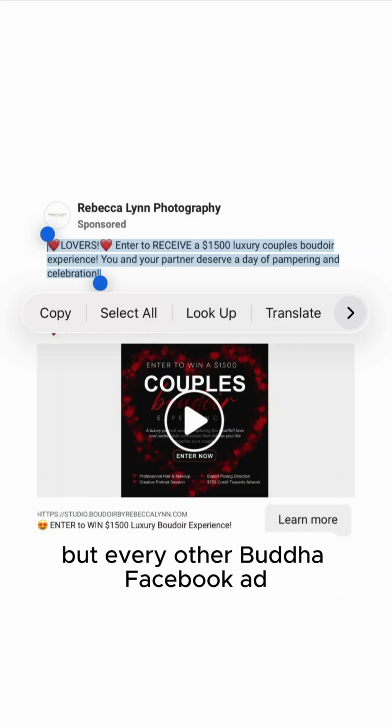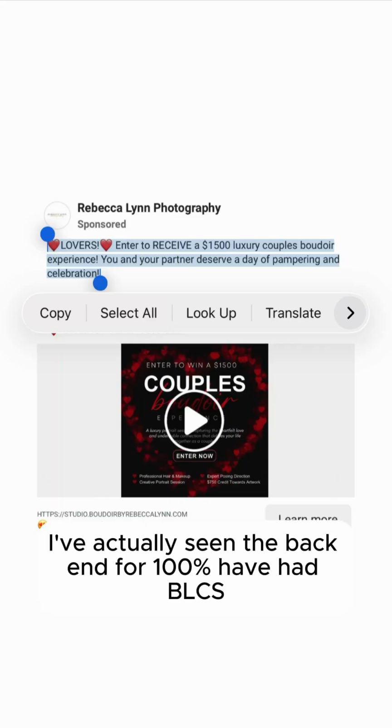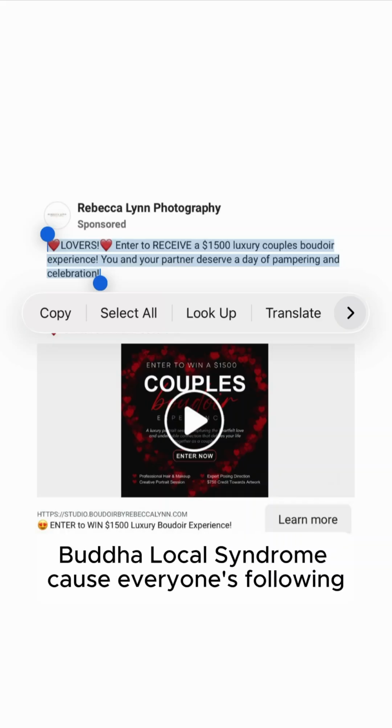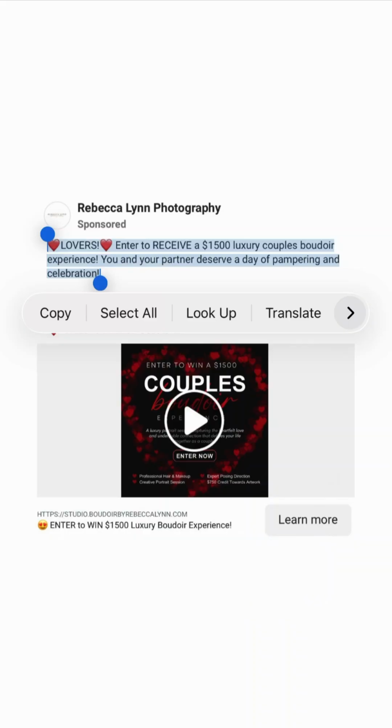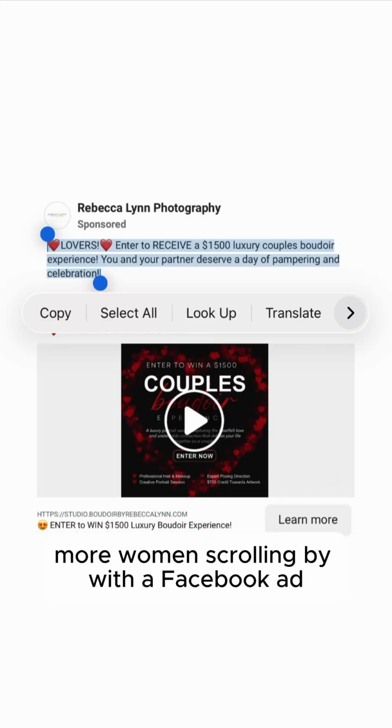But every other boudoir Facebook ad I've actually seen the back end for, 100% have had BLCS, boudoir low click syndrome, because everyone's making the same mistakes. So this contributes more women scrolling by our boudoir Facebook ad than necessary.